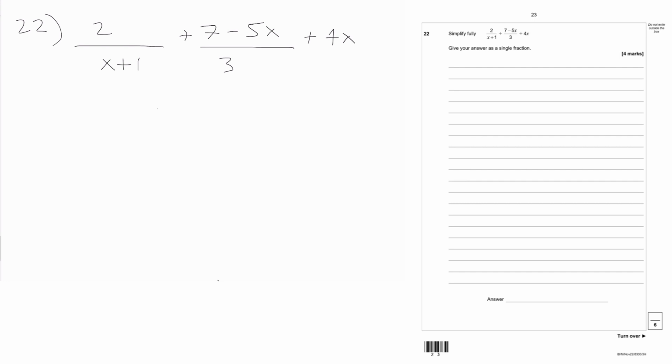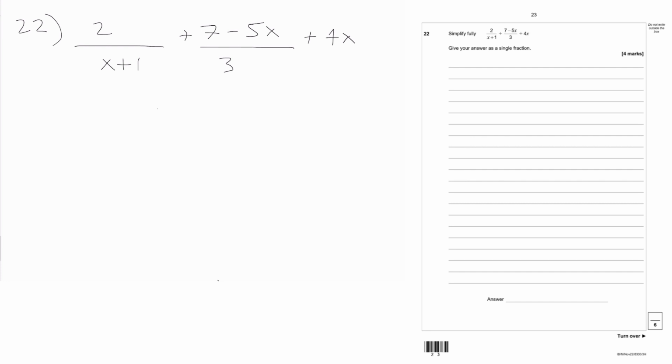And we're asked to write our answer as a single fraction. So what we want to do here is find a common denominator for each term. Once each term has the same denominator, we can then simplify the terms in the numerator. So I'm going to suggest here that the common denominator could be 3 times x plus 1.